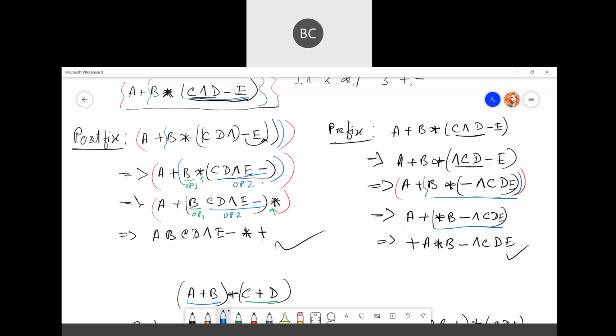Now for this whole expression, this whole string is operand 2 and this is operand 1. For this, again, you bring this plus sign beforehand. So this is operand 1, this is operand 2, and this is the operator.